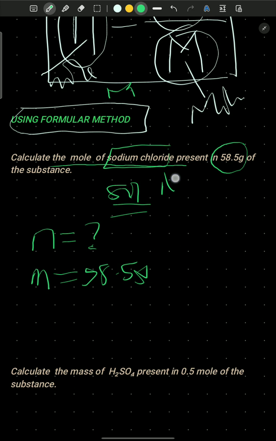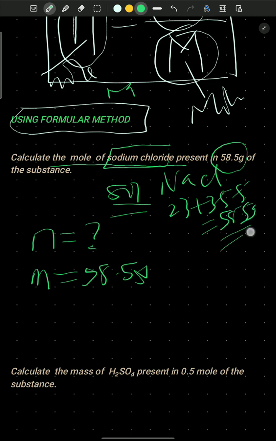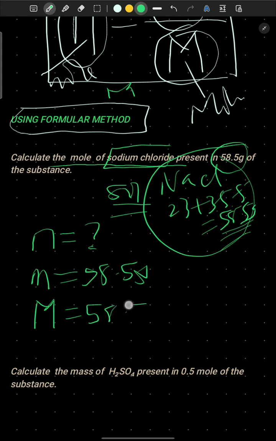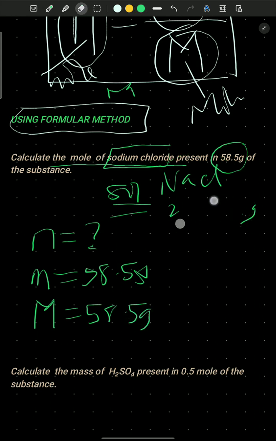We just found it the other time. Sodium is 23 plus 35.5 of chlorine to give 58.5. So the molecular mass is equal to 58.5 grams. From there we can move ahead and solve.